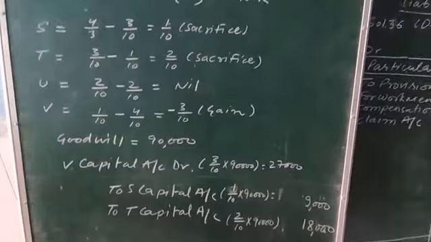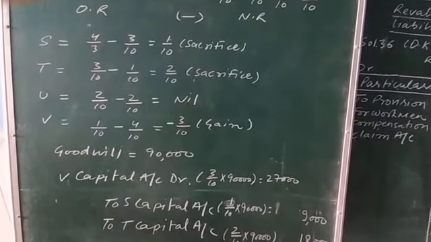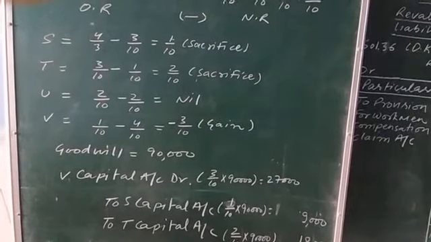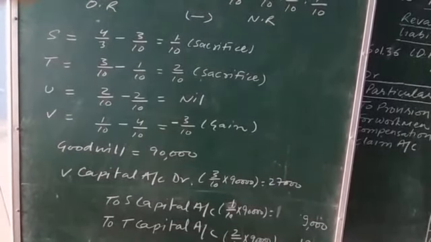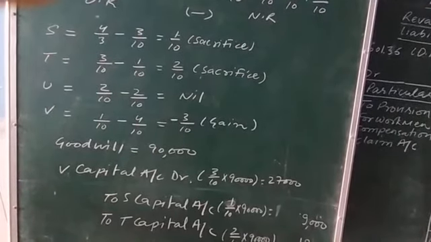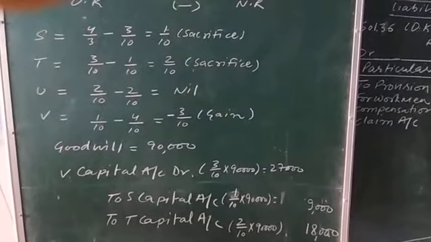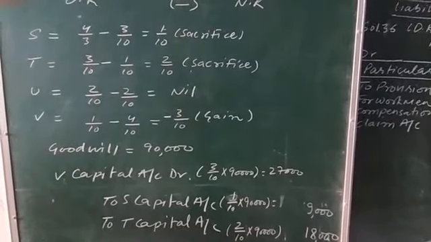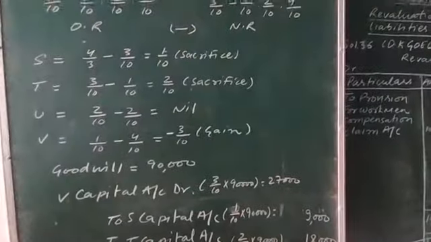This 90,000 will be divided among these 4 partners in the calculated ratio 1/10, 2/10, 0, and minus 3/10. Already I explained to you that the gaining partner's capital is debited and the sacrificing partner's capital is always credited.